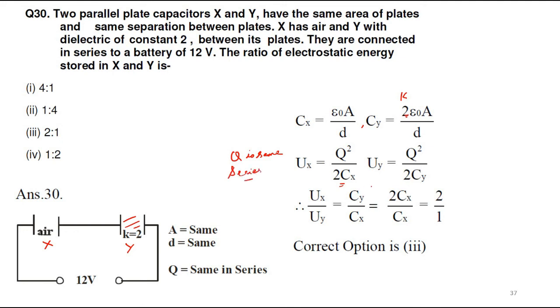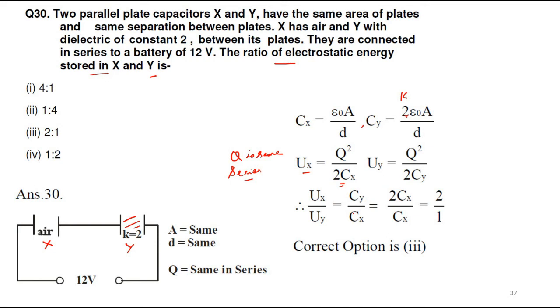Right. So energy stored in the capacitor X is Q squared by 2Cx. Energy stored in the capacitor Y, Uy equal to Q squared by 2Cy. You want to find the ratio of electrostatic energy stored in X and Y. So Ux by Uy, Q square will cancel.